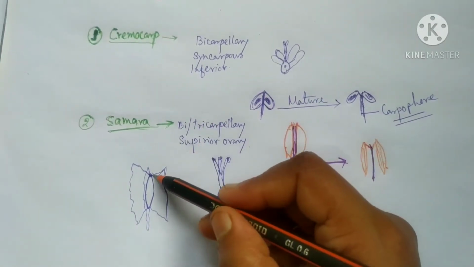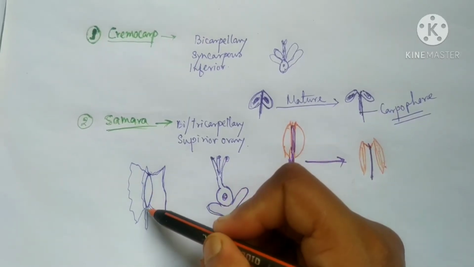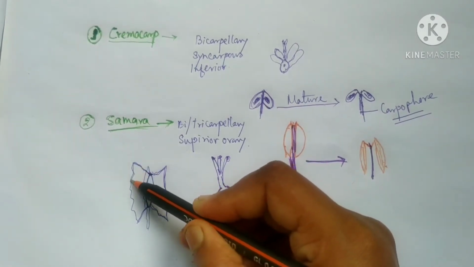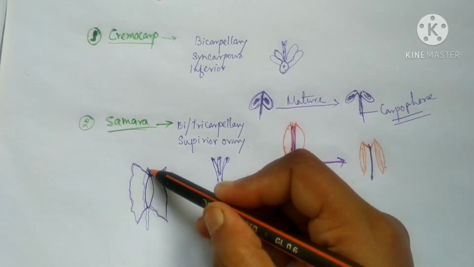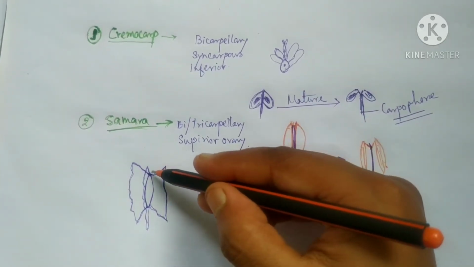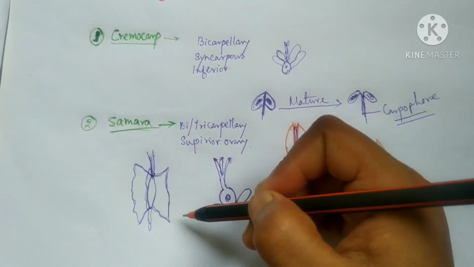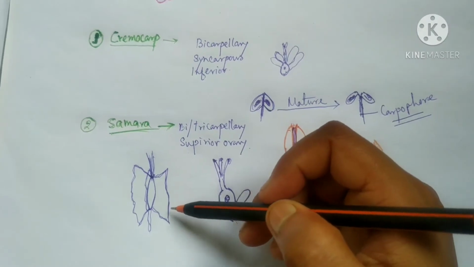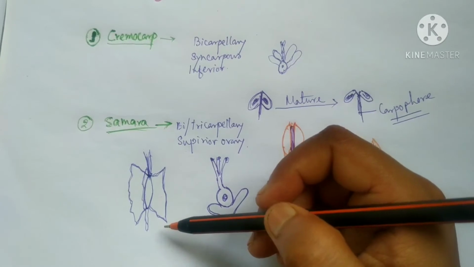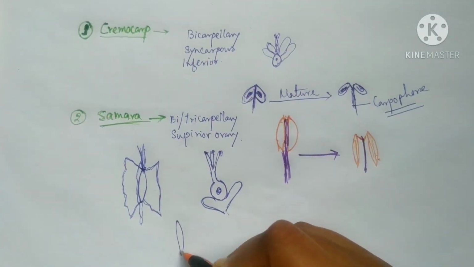Tricarpellary or bicarpellary, so here two or three parts are present, and each pericarp is modified into wings. After maturation, these fruits break up into many parts, and each part contains a seed.